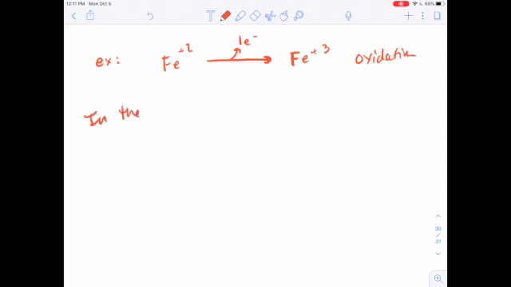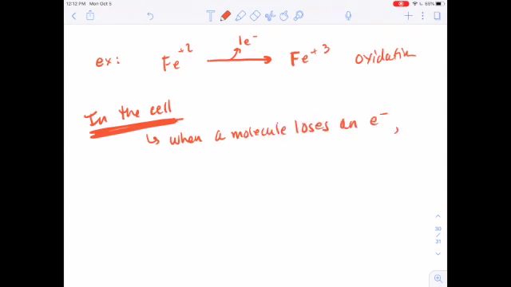Let me phrase this differently. In the cell, when a molecule loses an electron, it usually also loses a proton. And you know that that thing is a proton.